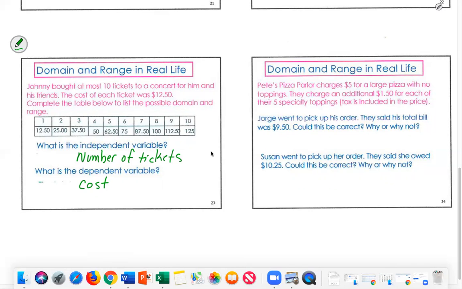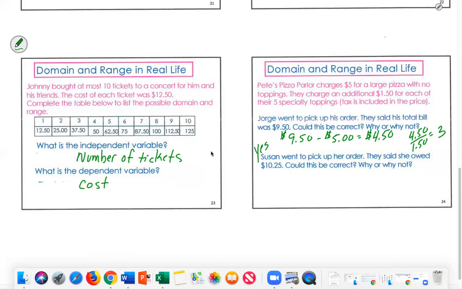So we're gonna say your total bill was $9.50, and we're gonna take off the price of the pizza, which is $5. And that's gonna leave me with $4.50 worth of toppings, okay? And then to figure out if I can get a whole number of toppings, we're simply just gonna do 450 divided by 150. If we get a whole number, we know this is possible, and we do. It's 3. So it is possible, so we're gonna write yes.